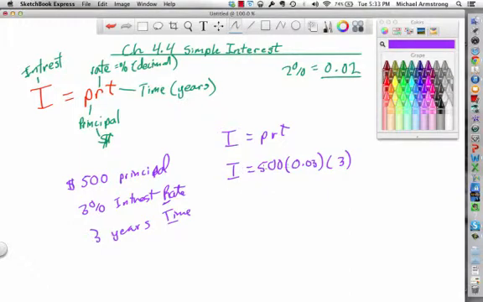I equals PRT. Principal is 500, 3% is the rate, and 3 years is the time. We're going to do time in years.